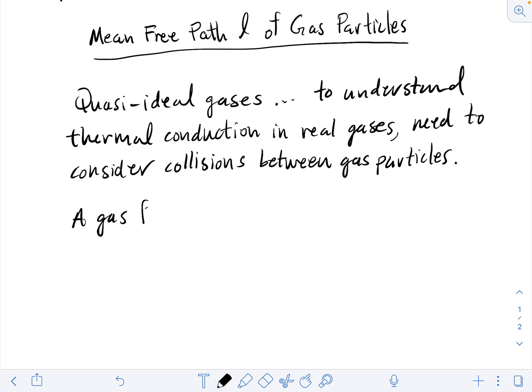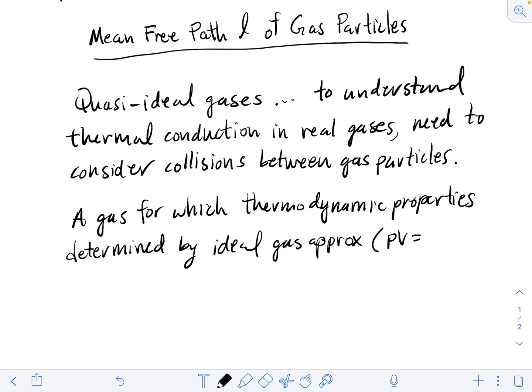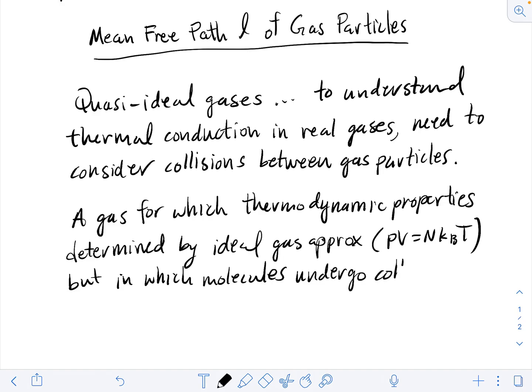All right, so a gas for which the thermodynamic properties are determined by the ideal gas approximation, in which PV is nKT, but in which the molecules undergo collisions, is called quasi-ideal.